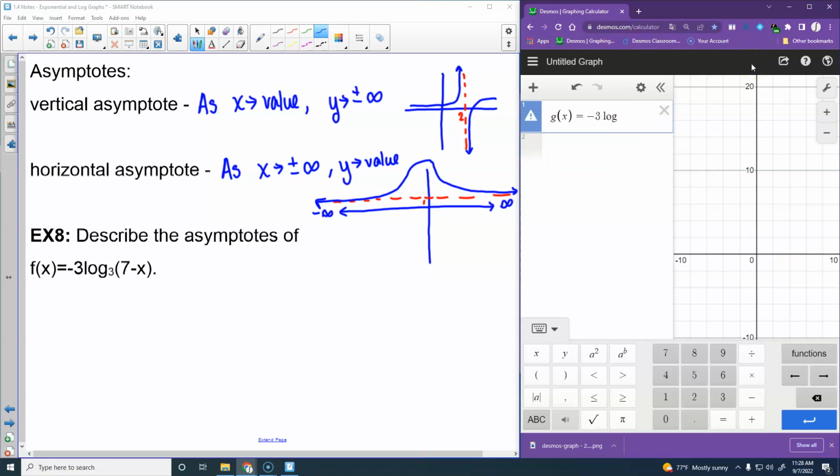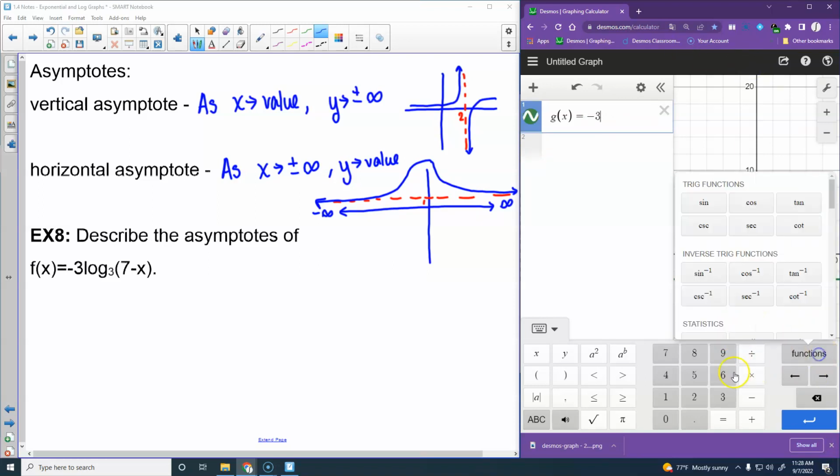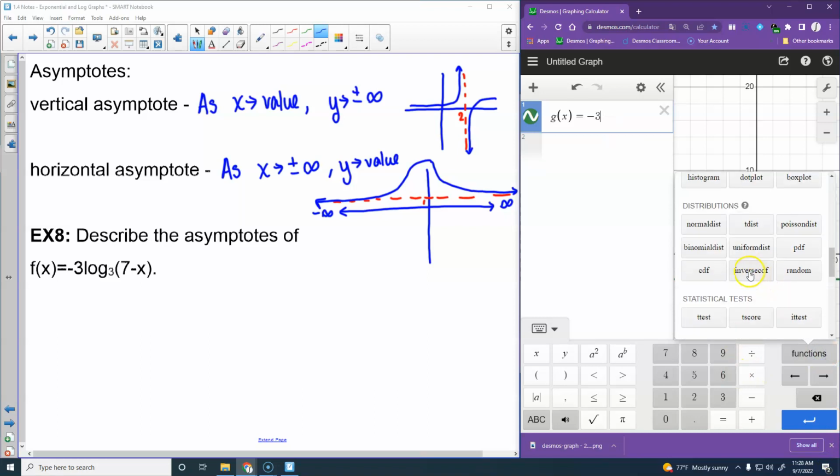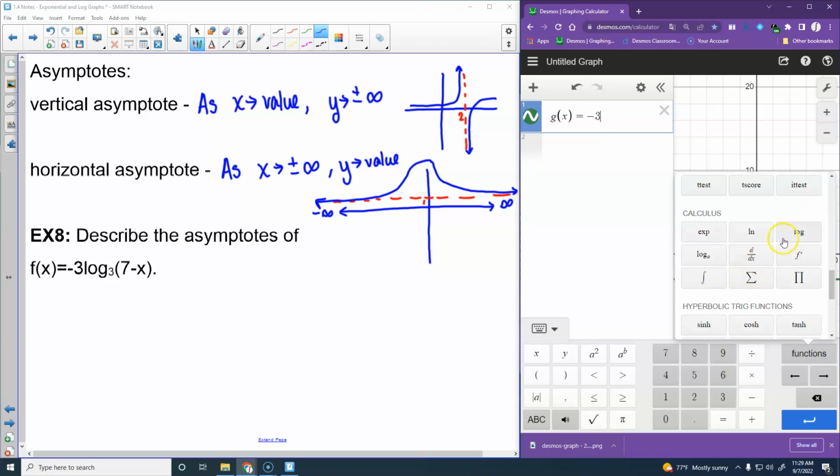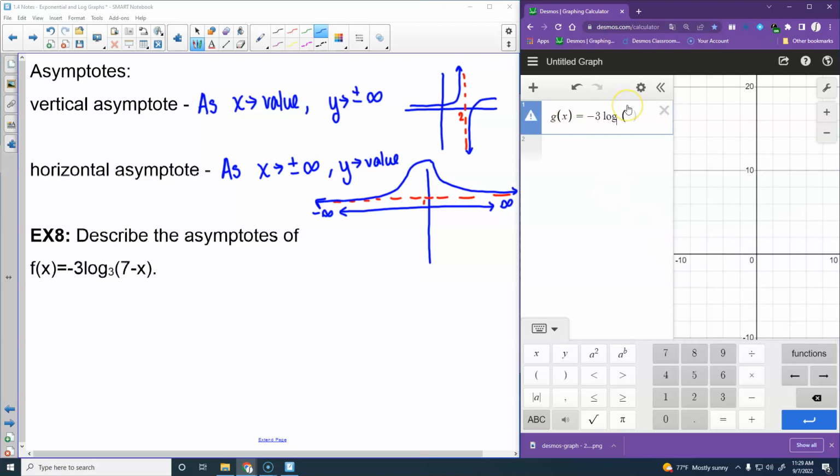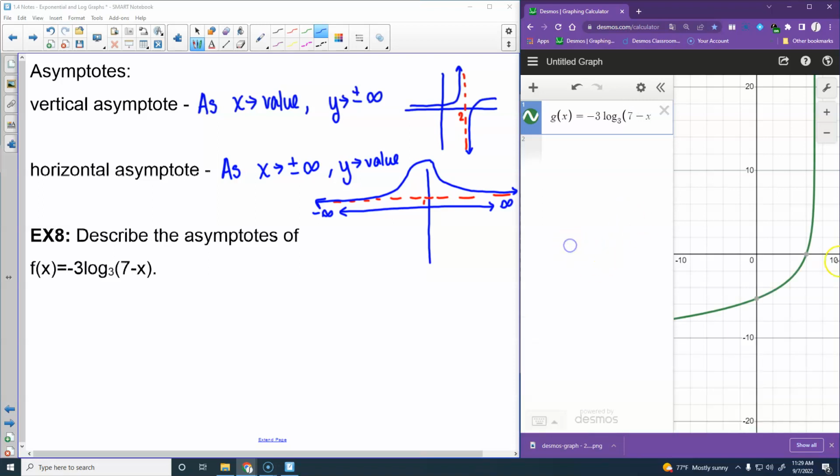All right, so we've got negative 3 log base 3. Okay. All right, so I've got this graph. I'm supposed to describe the asymptotes. Okay. Do I have a horizontal asymptote?